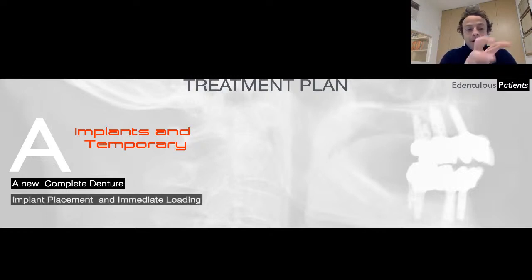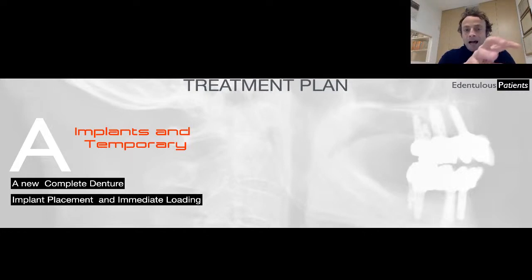Then in the same phase of the therapy, we include the implant placement and the immediate loading, considering to rehabilitate the patient immediately with the fixed full acrylic temporary restoration, converting the denture into a fixed temporary restoration, full acrylic.